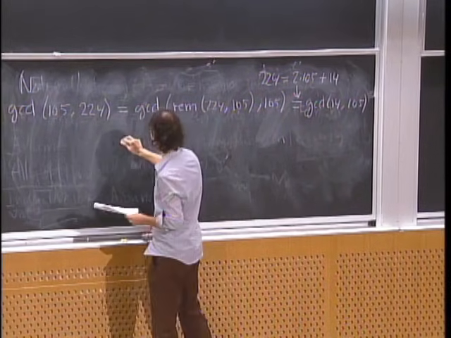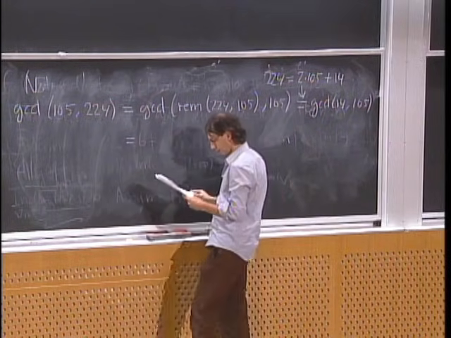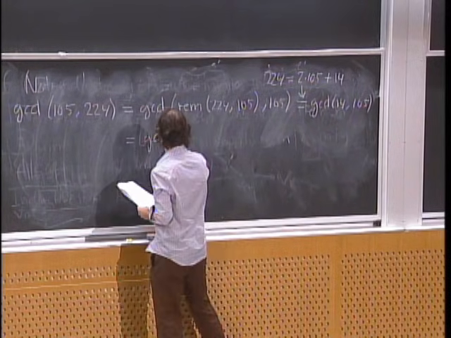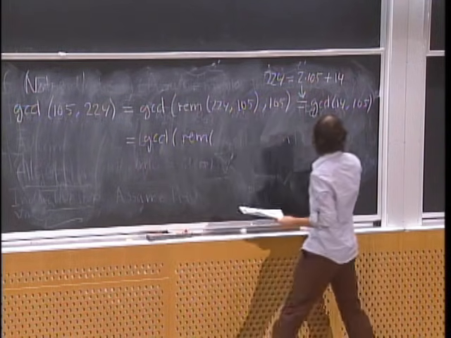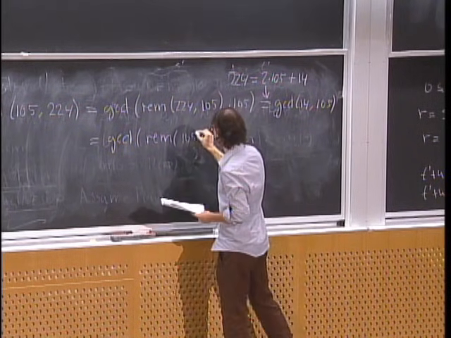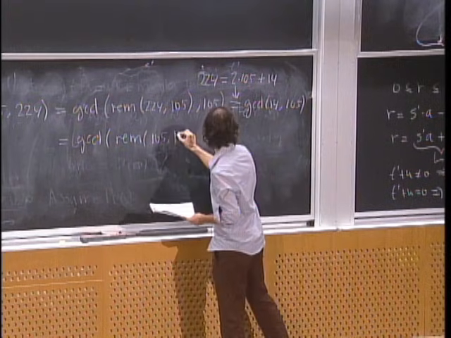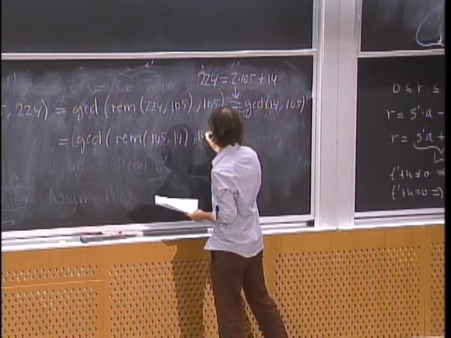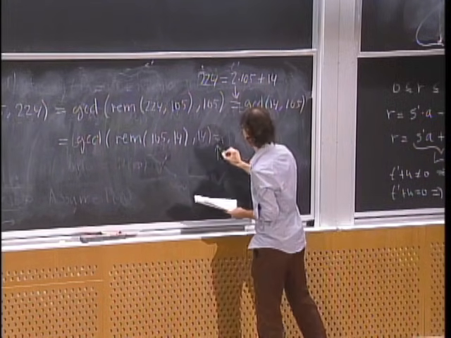So we can rewrite this as the greatest common divisor of the remainder of 105 after taking out as many multiples of 14 as possible, and 14. So what are we going to use over here?